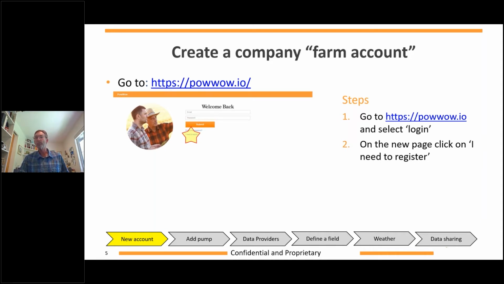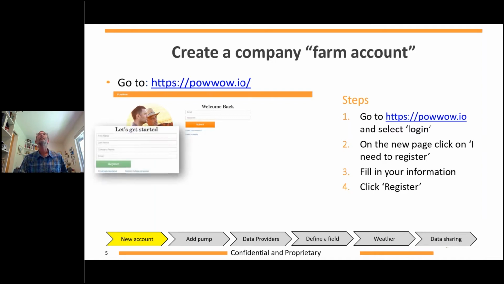If you have your own farm that you're interested in creating an account for, instead of simply logging in with your existing credentials, you can create a new login by clicking on I need to register, filling in your information, and clicking register, and then create a digital model of your own farm.